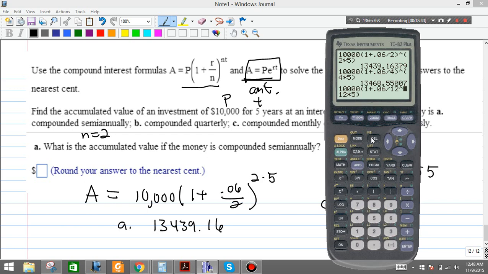And then I need to put parentheses. Okay, I think that is good enough. And then just move back, and I think we're good. $13,488.50.